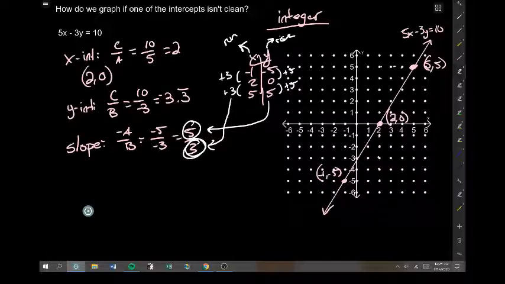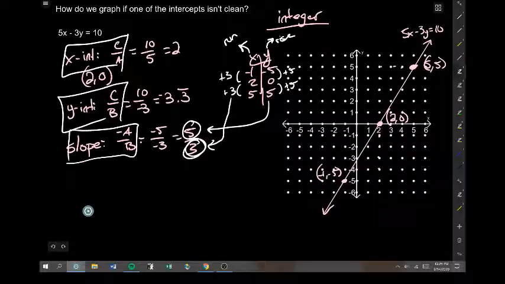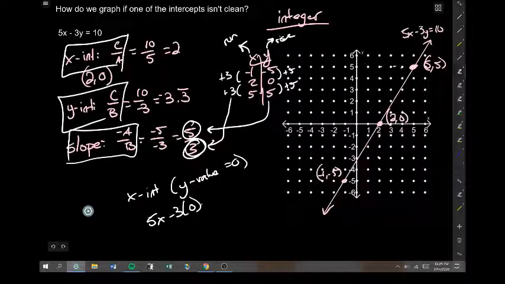Real quick, I want to talk about why these formulas are c over a and c over b and negative a over b. To find an x-intercept, that means the y value must be 0. If the y value is 0, I can plug 0 in for y right here, and this just becomes 0.